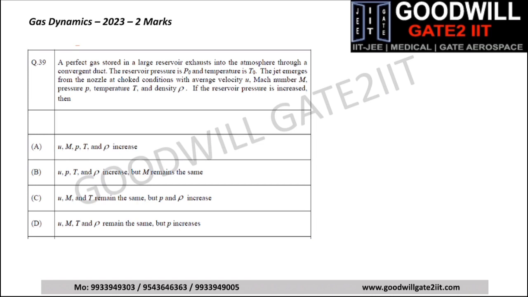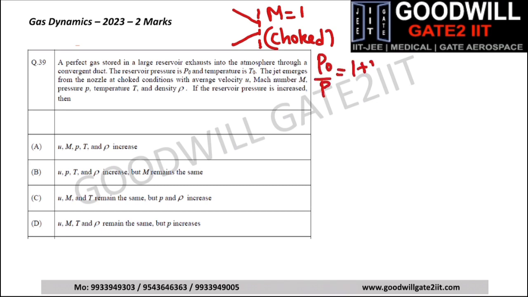So now they are saying that there is a converging nozzle which is choked. That means the exit Mach number would always be equal to 1 since the nozzle is choked. So now they are also saying that P0 is increased. So let's first write down the isentropic relations, where P0 by P is equal to (1 plus (gamma minus 1) by 2) to the power gamma by gamma minus 1.